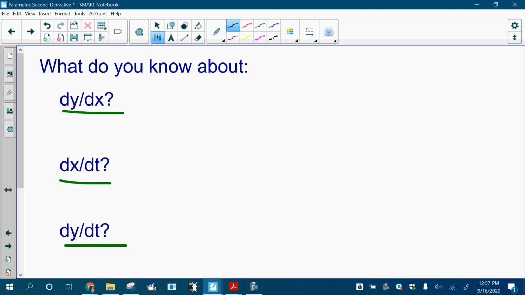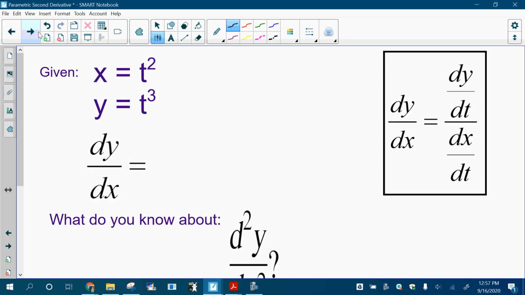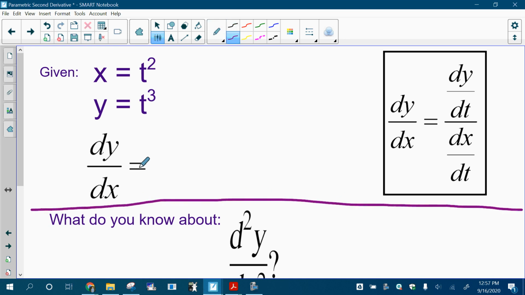All right. Let's get into this second derivative stuff. Oh, no, wait. Let's do the first derivative first. As a reminder, because you do need it, how do you take the first derivative of a parametric? This formula that Lemke talked about: dy dt over dx dt. You do dy dt divided by dx dt, and that gives you dy dx. Let's do that real quick. We'll do dx dt first, it's on top.